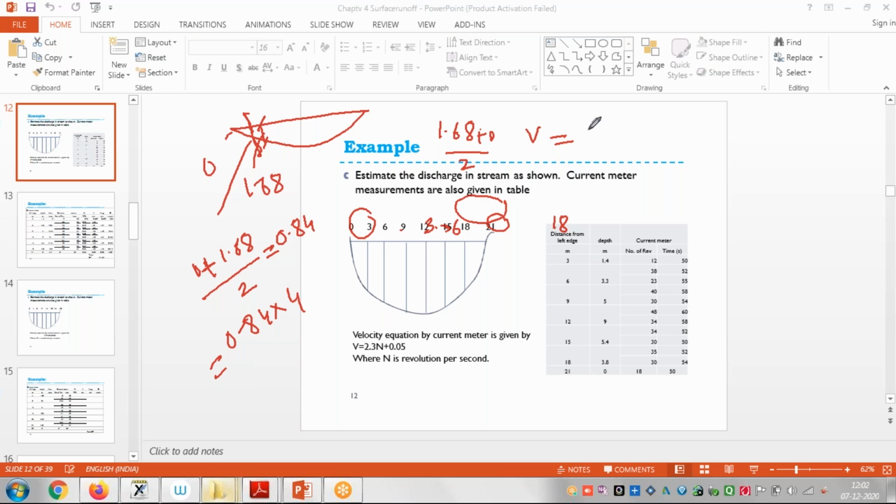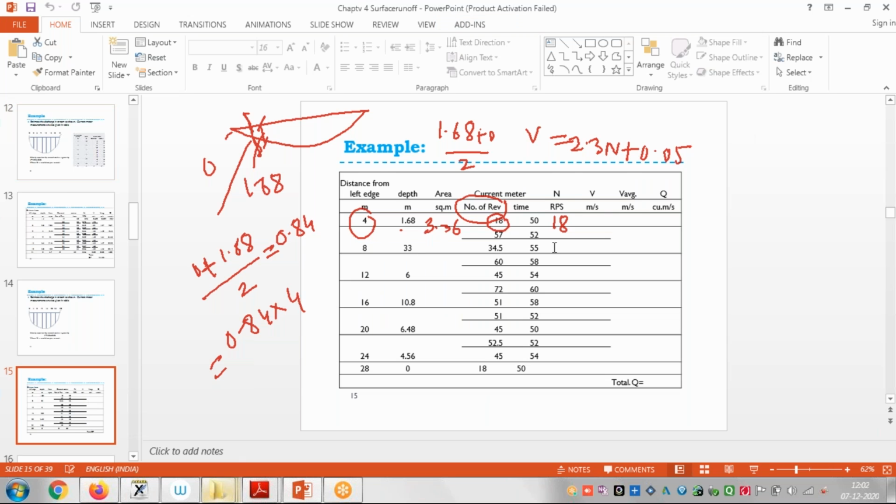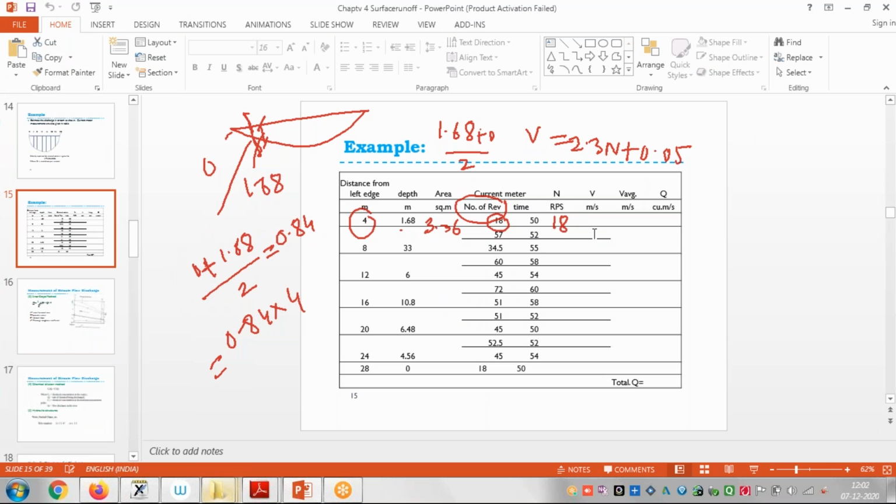This is 2.3 n. Now we will check here. The same formula we will apply here, so we will check this first.